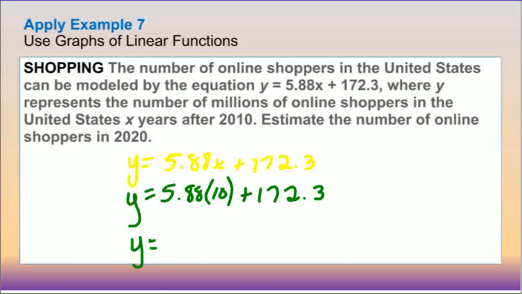So our y would equal 5.88 times 10 is 58.8 plus 172.3 would give us an answer of 231.1. So that would be roughly 231.1 million. Now it does say estimate, so if we were to estimate this, we would say it's about 230 million. But 231.1, that is okay for that one.